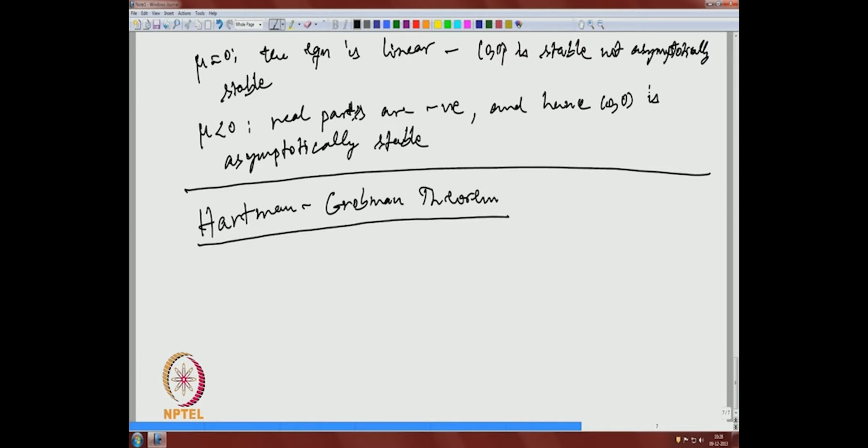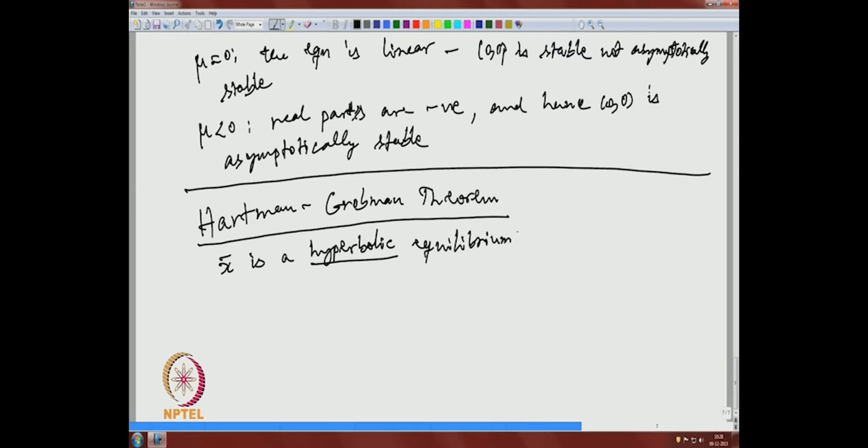with only words. So, the situation is x bar is a hyperbolic equilibrium point. Last time we defined this.